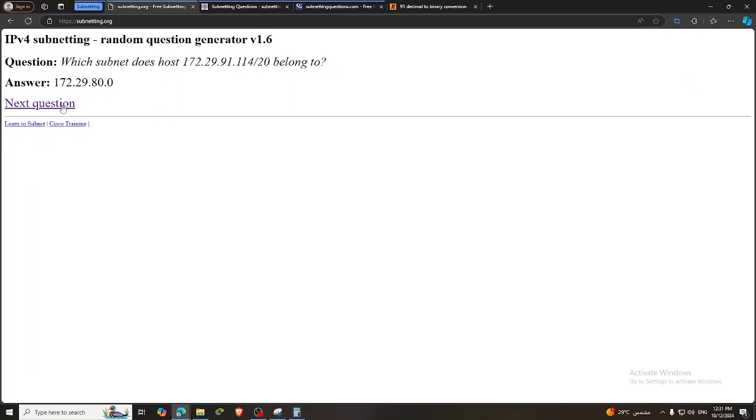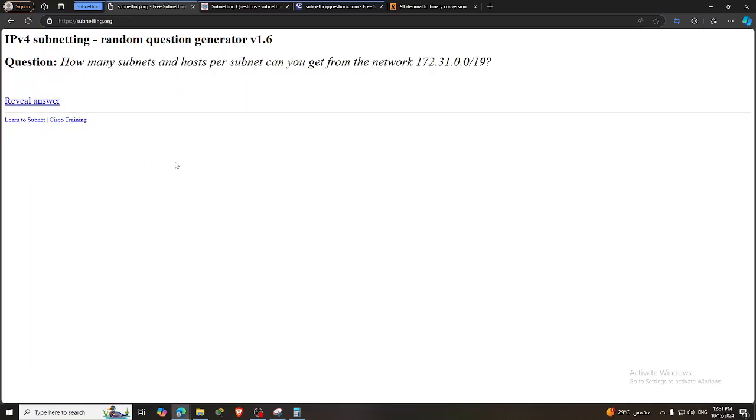This is the second question. Okay, how many subnets and hosts per subnet can you get from network 172.31.0.0/19? So this is a /19.